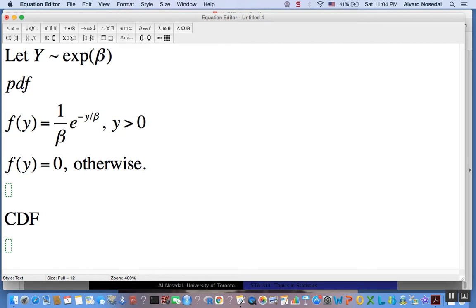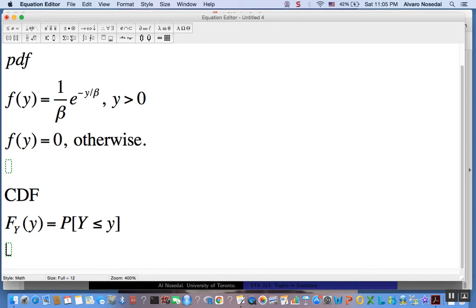We use the notation uppercase F for the CDF, and let me be specific that we are referring to the random variable y. The definition of the CDF, the cumulative distribution function, is the probability that the random variable y is less than or equal to some number.